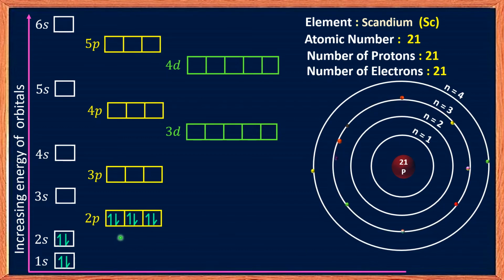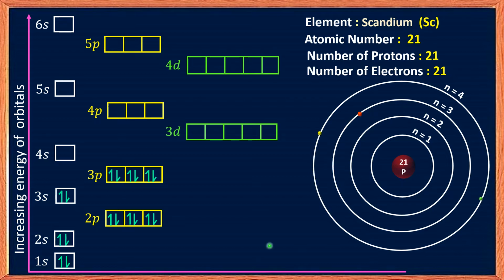Next 11th electron enters into 3s. 12th electron pairs up with this electron. Next, once 3s is filled, electrons enter into 3p. So 13th electron, 14, 15, 16th electron, 17, 18, isn't it?